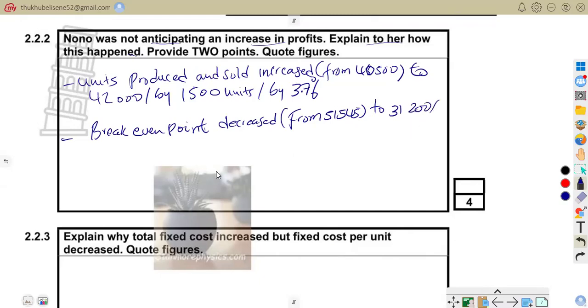That is by 20,345 units, which is 39.5%. So this is how easily you can answer that question.